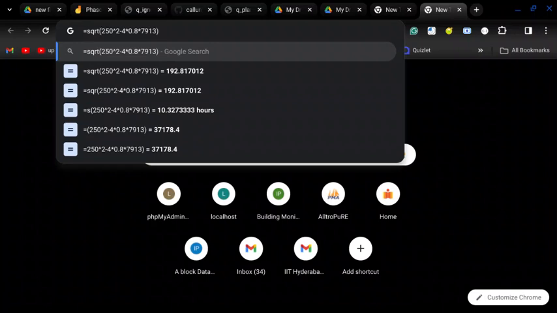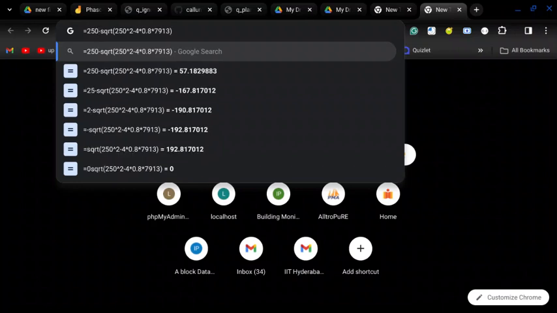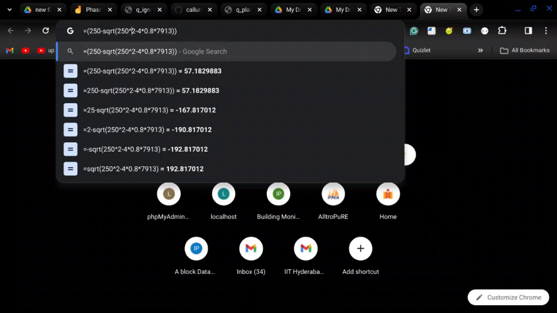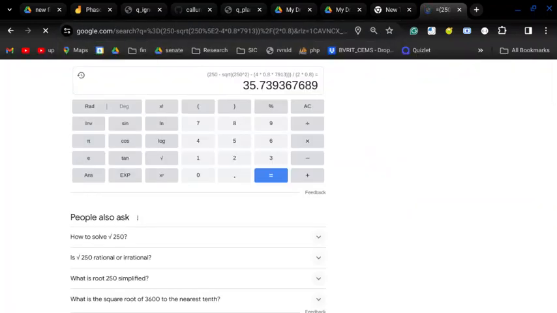So let us take the minus sign, and 250 is already there. So this is the numerator, minus b minus square root, whole we have to divide by 2a. 2 into 0.8. Okay. So I'm getting 35.739 as the answer by taking the minus sign.